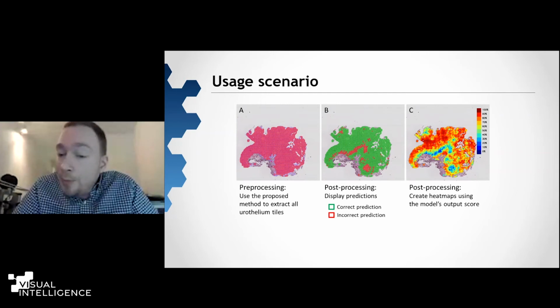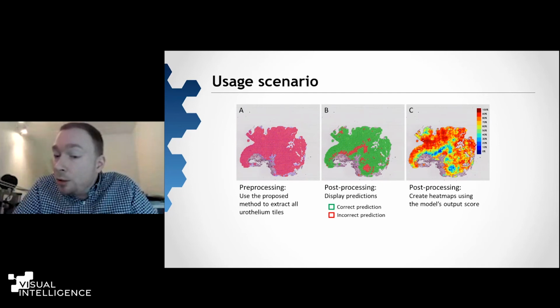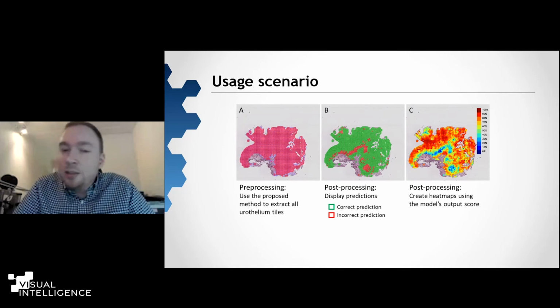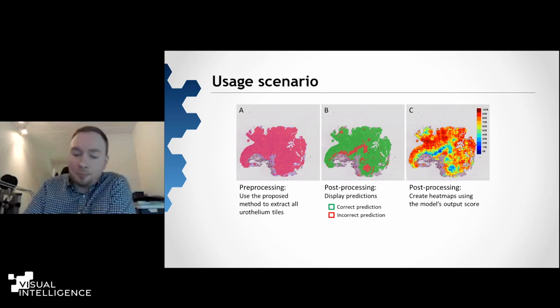For instance, in image B, we have compared the prediction of the model with the ground truth, and then we are using the colors green and red to display correct and incorrect predictions. And in image C, we are using the probability score from the model, and we feed it through a color mapping function to create a heat map of the model's prediction. And we will see this again in the final model.